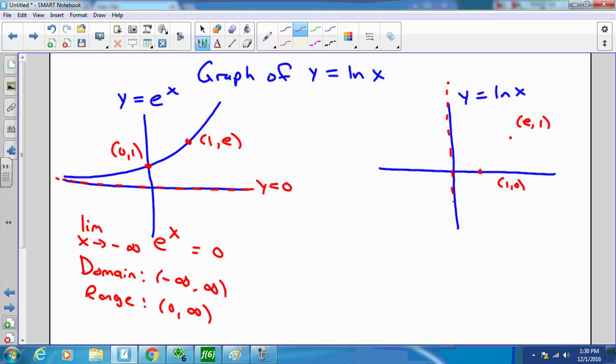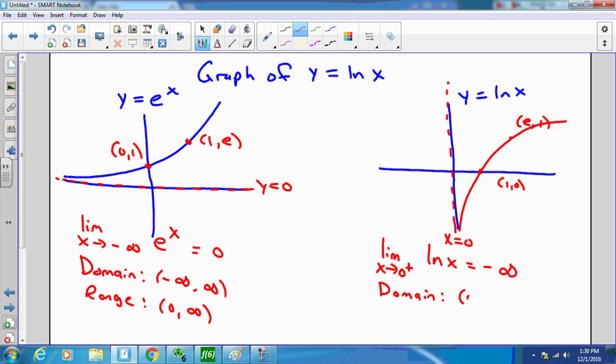And instead of having a horizontal asymptote y equals 0, I now have a vertical asymptote x equals 0, reflected in the fact that the limit as x goes to 0, but from the right only, because our domain is positives only, of natural log x is negative infinity. The domain and range for e to the x are likewise inverted, so that the domain for log is positive reals, and the range is all real numbers.